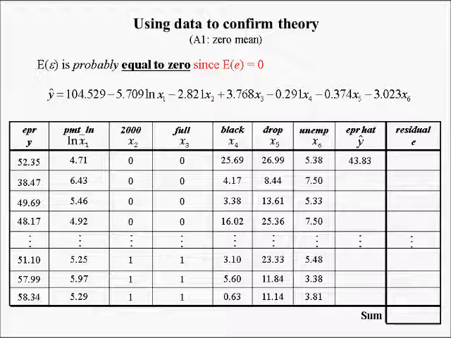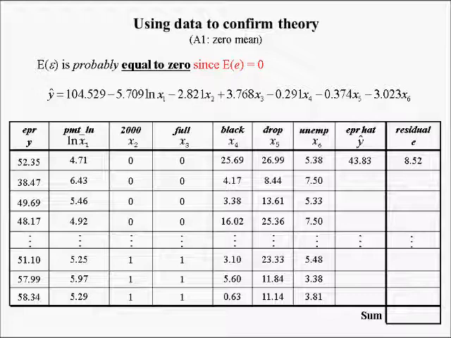Now notice that we observed 52.35% of women in this state in this cohort of low-income single mothers going to work. We predicted that 43.83% of those women would be employed. So the model's not perfect. It doesn't do a perfect job of predicting what we observe.